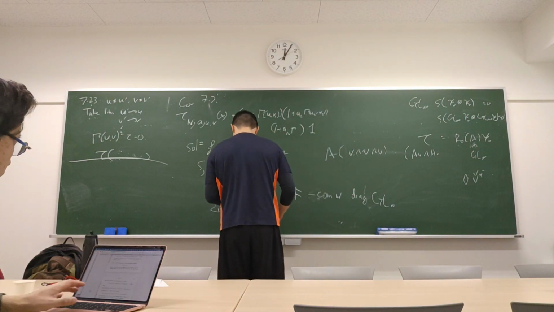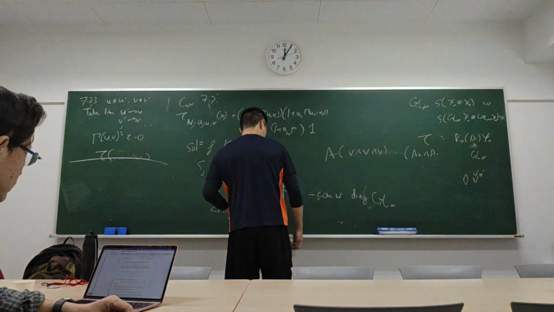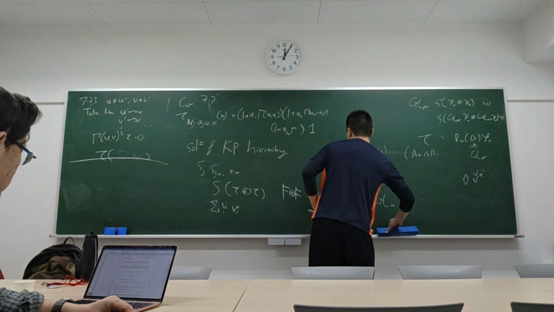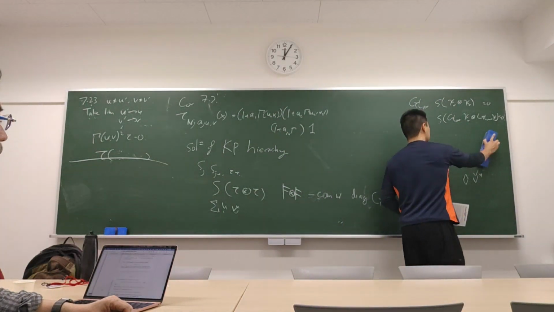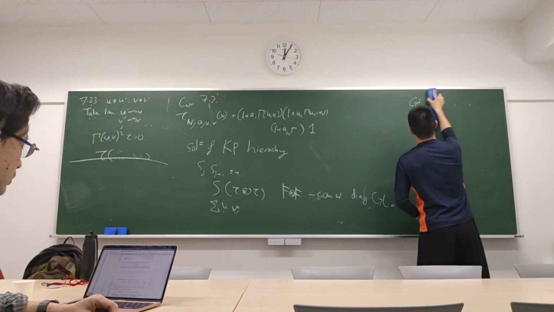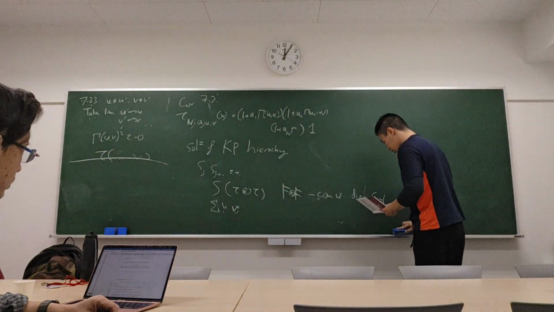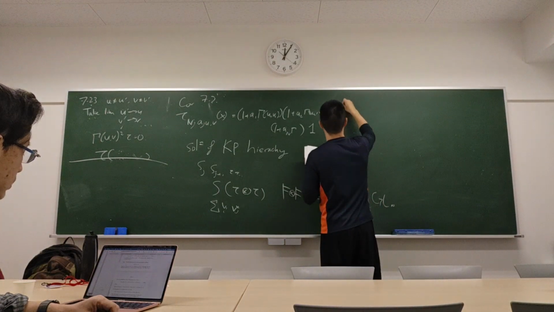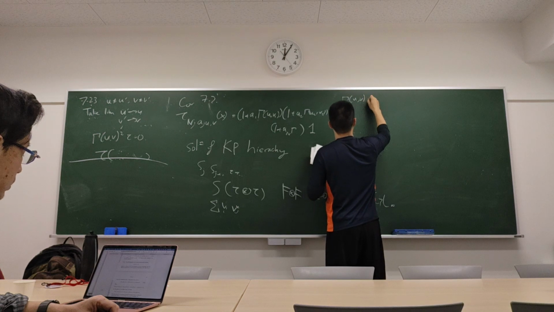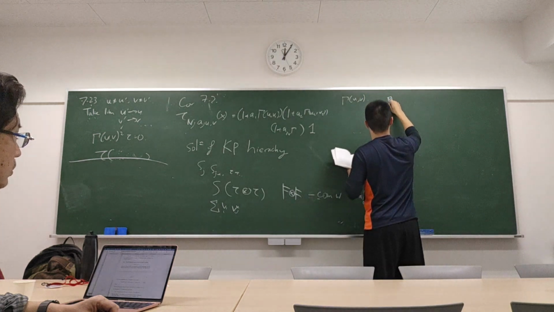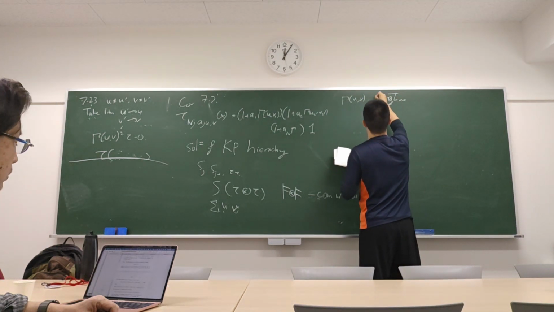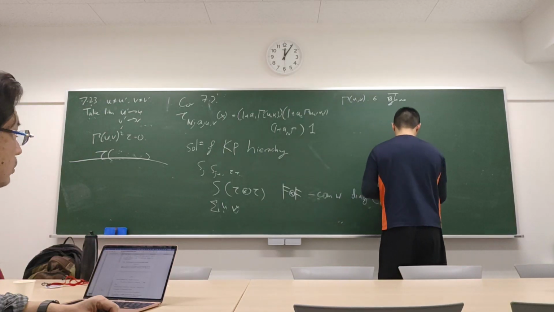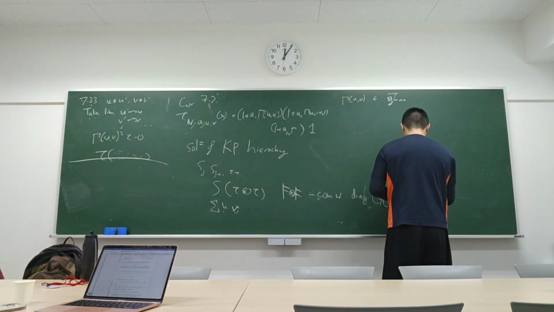And so the argument is that this F, this gamma UV, lies in the completion of GL infinity.